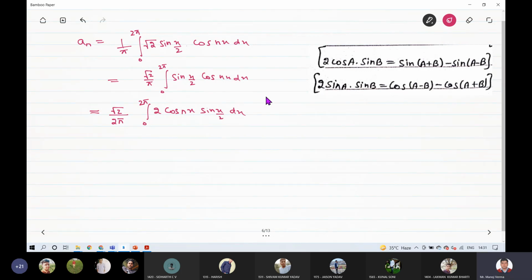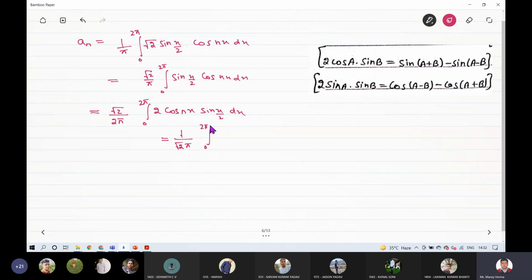So I can simply write sin(a+b) minus sin(a-b) instead of this. Okay. So this will become 1 over root 2 pi.